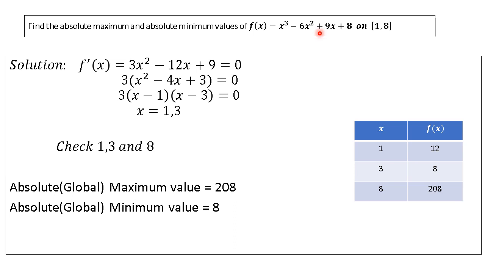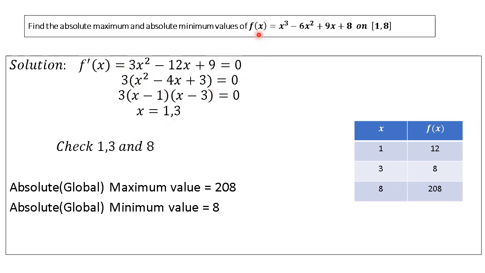What has been given? The function f of x is equal to this one. Can we get the critical points from this? Yes. Putting f dash of x to 0, you will get the critical points.